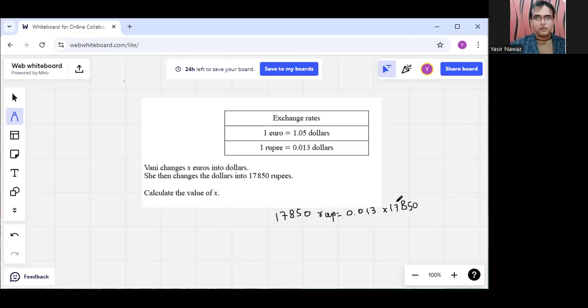So it will give the 17850 rupees in dollars. I multiply 0.013 by 17850 and it becomes 232.05. So these are the dollars. So I use this sign.